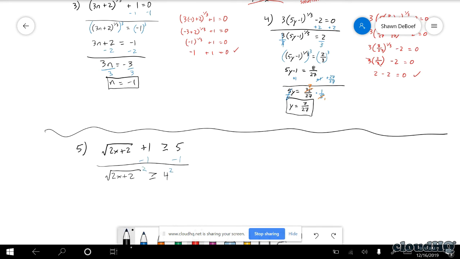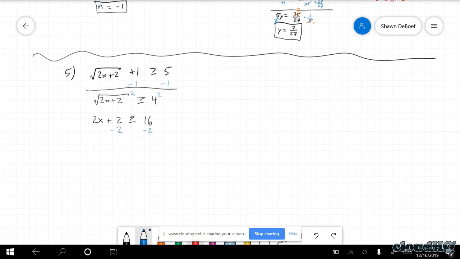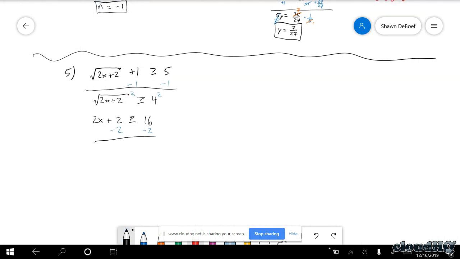Square. Oops, should be subtracting 2. And I get an answer that x is greater than or equal to 7.